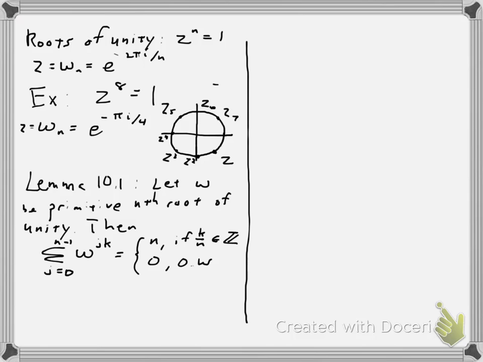That's what the o.w. stands for, otherwise. So this is called the Fourier transform identity. And now I will ask the question, well, why? Why is this so?